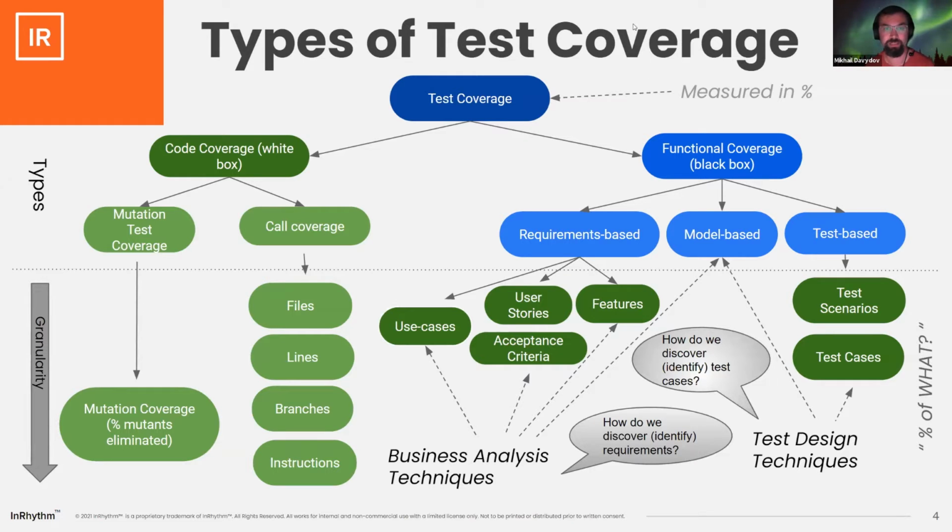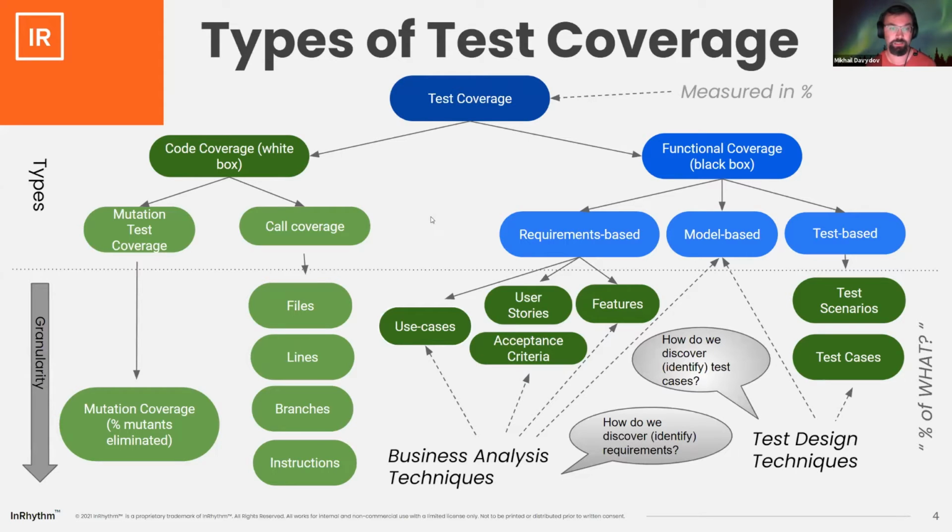So I would say that there are two different types of what people call coverage. If you ask the developer what is the test coverage, they are usually talking about the code coverage. So what is code coverage?